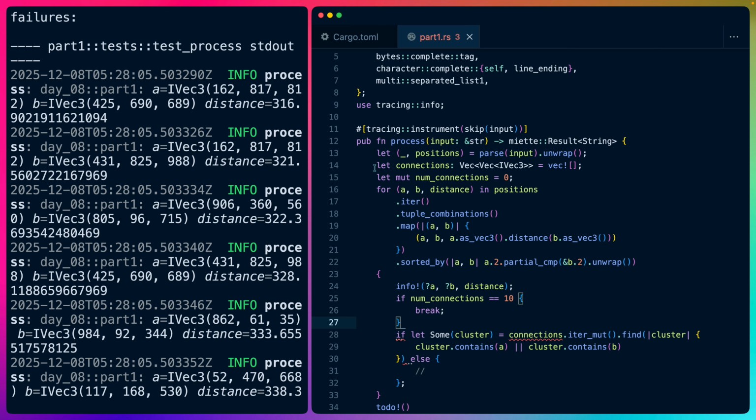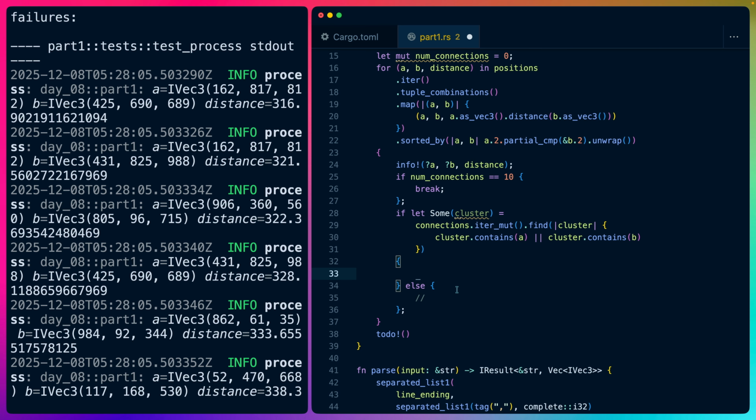The one thing we can't do is iter_mut to something that isn't labeled as such. So if let Some(cluster) = connections, I think my semicolon is missing here. What is, oh, it's the return value. Okay, this is my syntax being wrong. So what we have here is a failure to communicate.